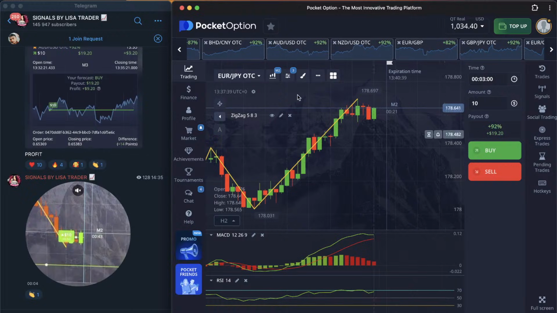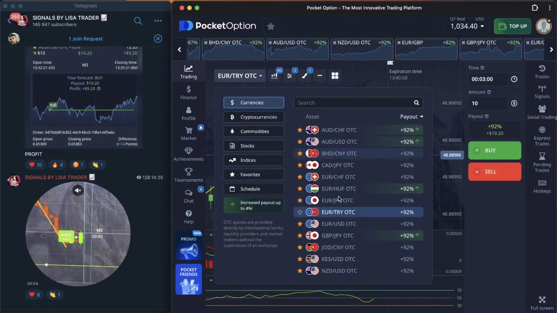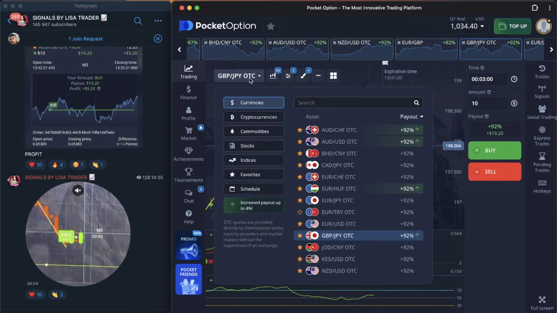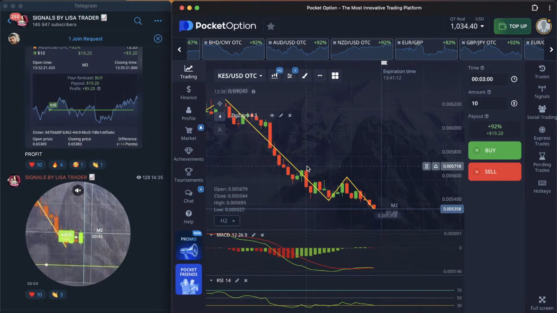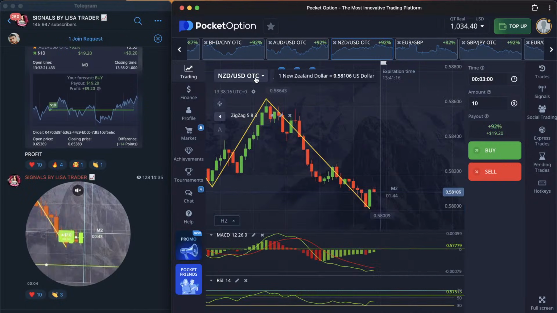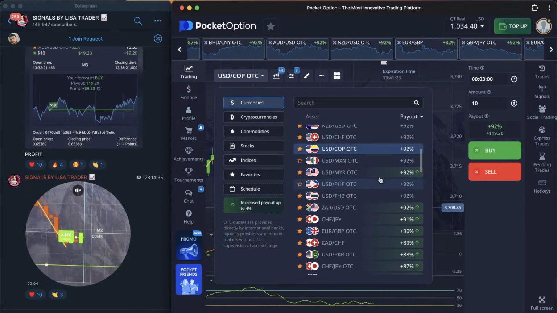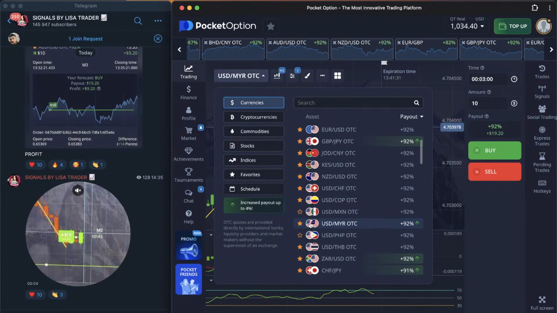So I'm looking. A bit lagging here. Here's a pretty good start of the downward trend.